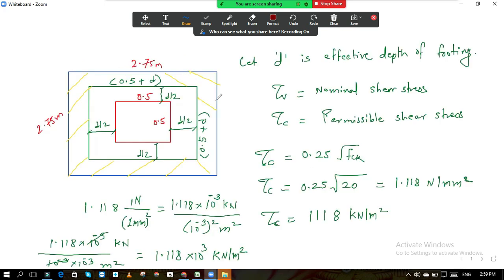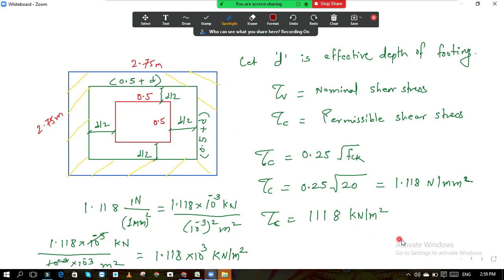So now this is the hatched area we are going to consider. Why? Because after the punching, this whole area 1, 2, 3 and 4, this rectangle, is going to penetrate through the footing. So what will remain after this penetration? Whatever area I have hatched will remain.